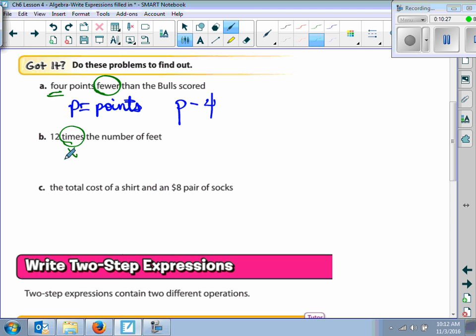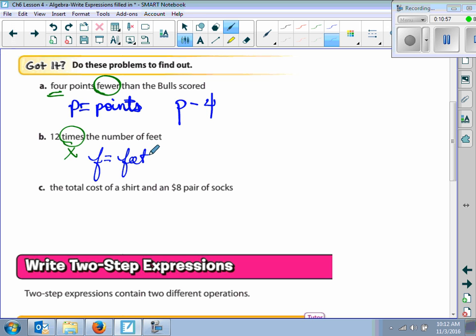So now we want to define our variable. 12 times the number of feet. What's my variable? I'm trying to find feet, so I'll say F equals feet. Now I write my expression. 12 times the number of feet.